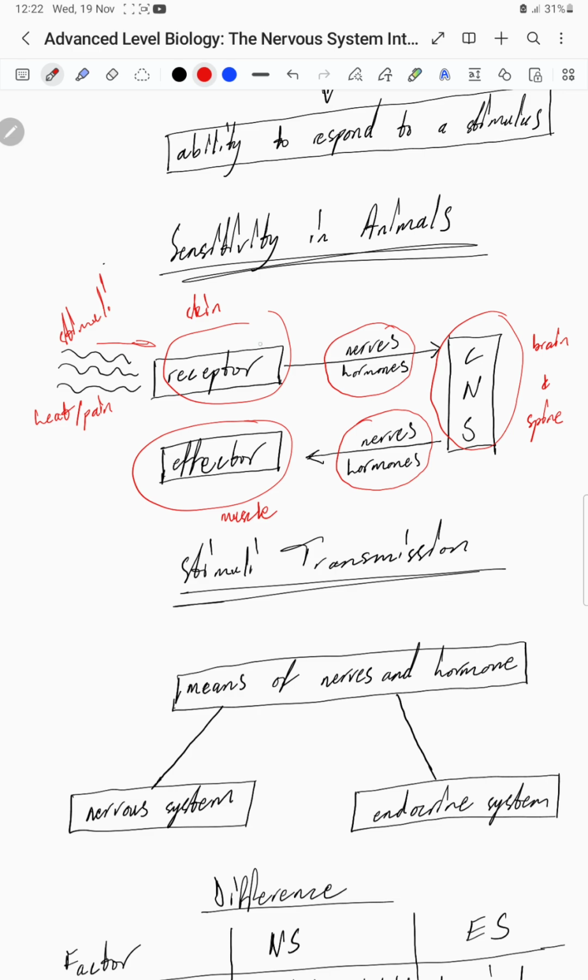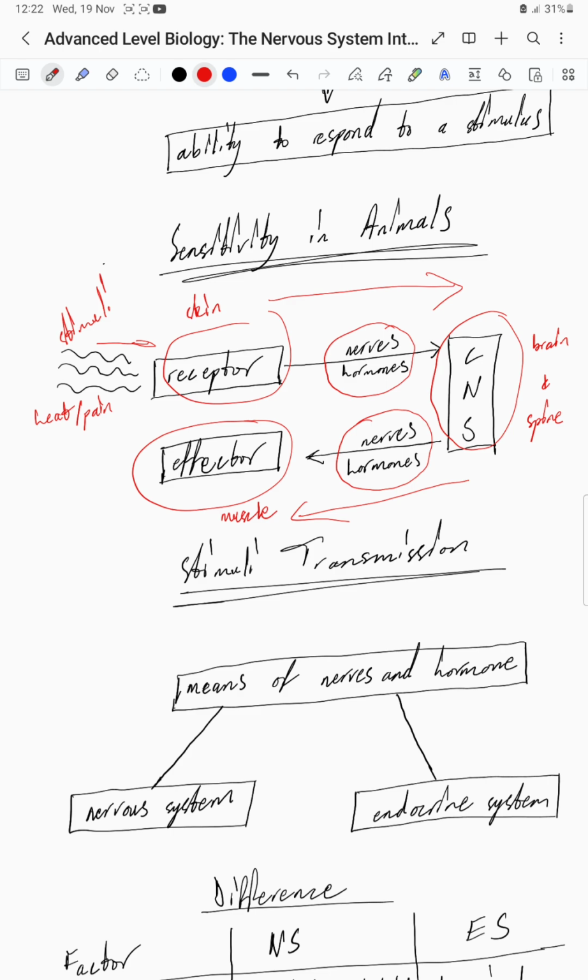The skin then sends this pain to the central nervous system, and then the central nervous system will give a response to the muscles to remove the hand from the pin. So that's just an example of this.